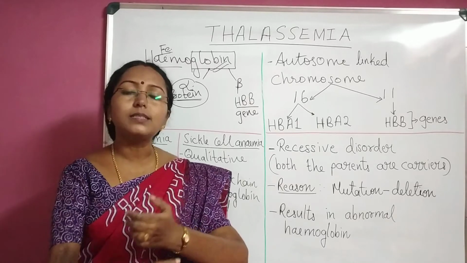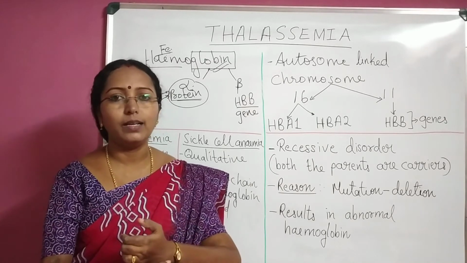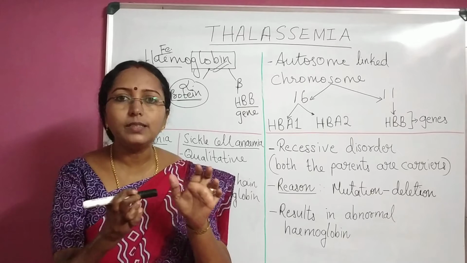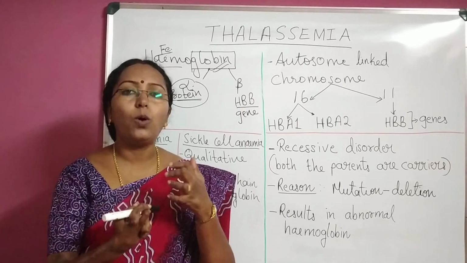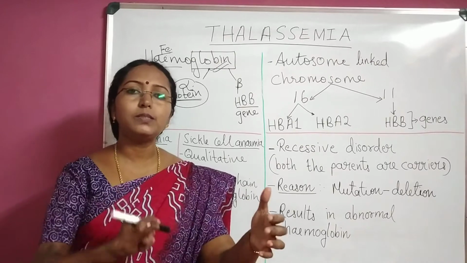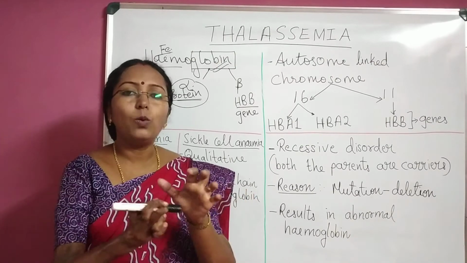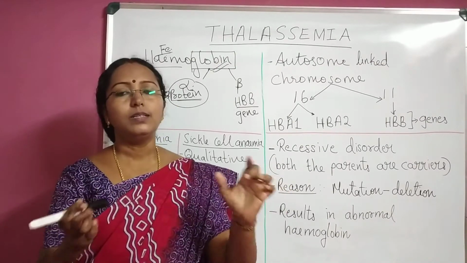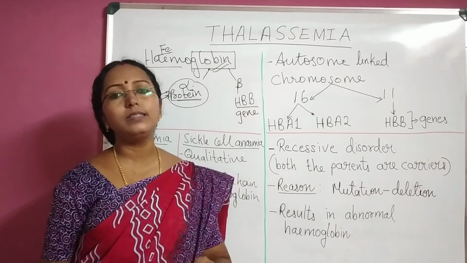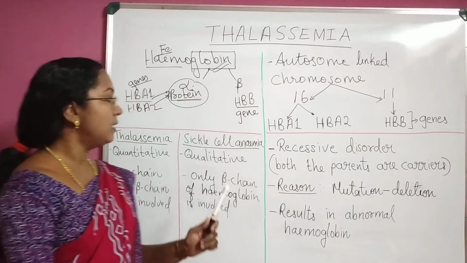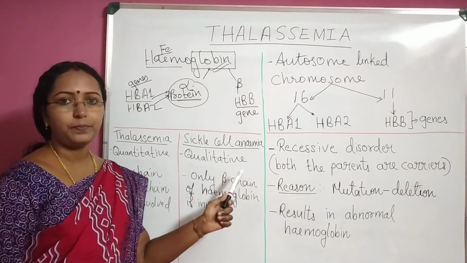Glutamic acid is replaced by valine. So there is no change in the quantity, but the quality is changed. One is replaced with another. So our RBC became sickle shaped and it resulted in anemia called sickle cell anemia.